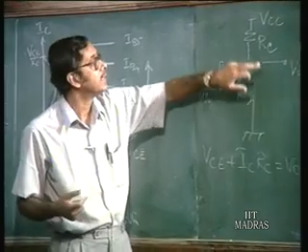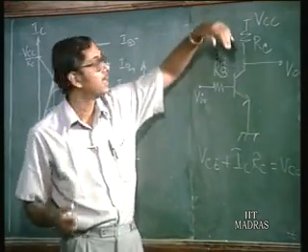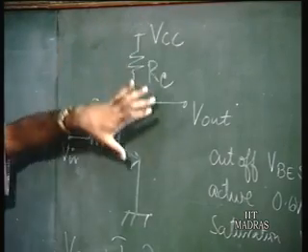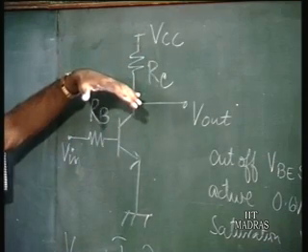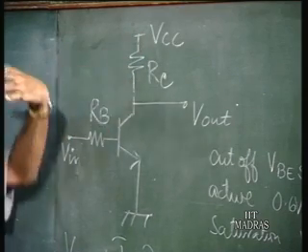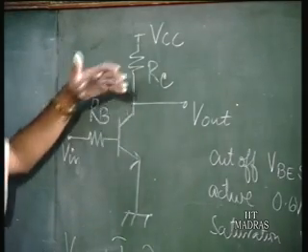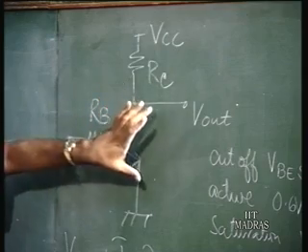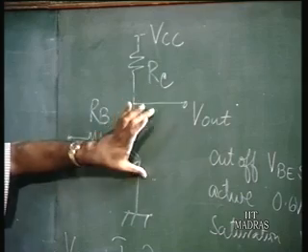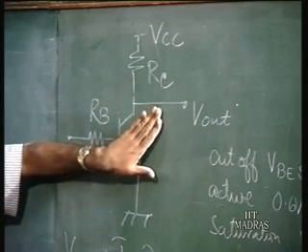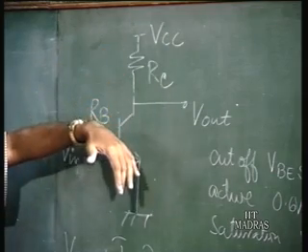When the switch is on, or closed, the current flowing through the switch is equal to VCC by RC, and the voltage drop across the switch is almost 0. Here also, when the transistor goes to saturation, the drop is around 0.2 volts, which is very much smaller compared to VCC, and you can neglect it. So it is as if it is a closed switch, the drop across this is 0, and the current flowing through it is almost equal to VCC by RC.